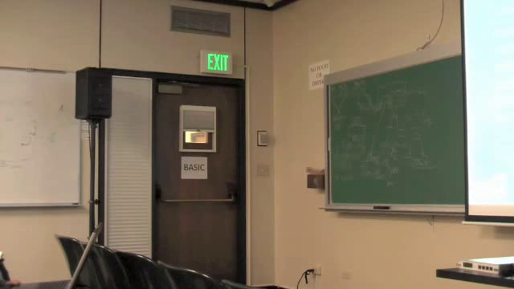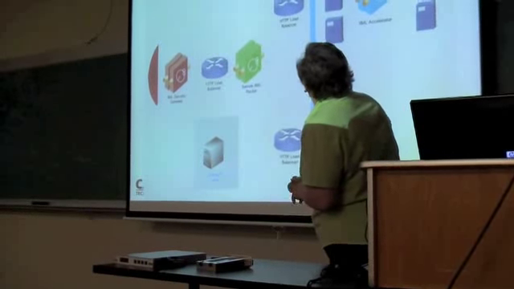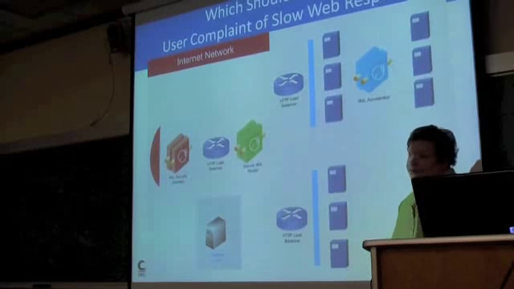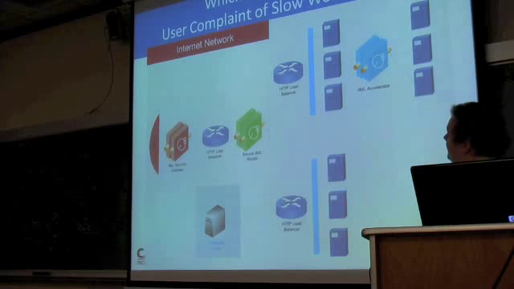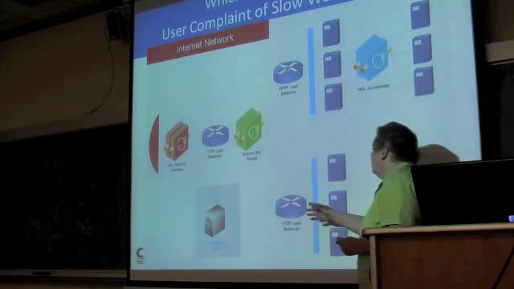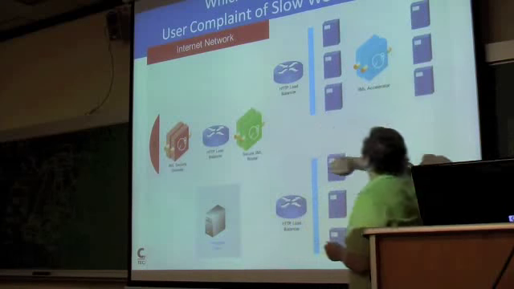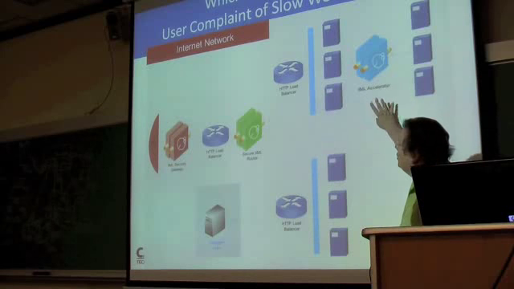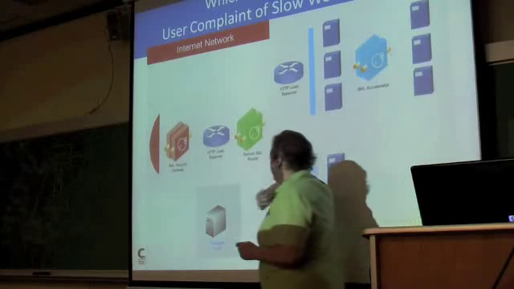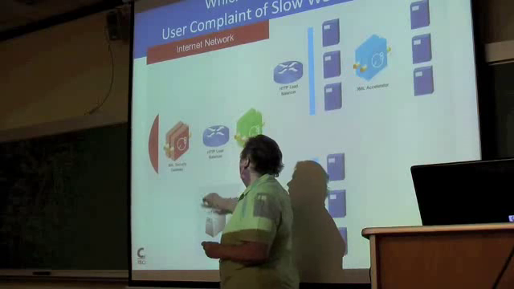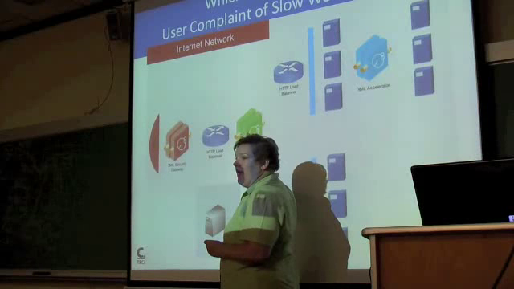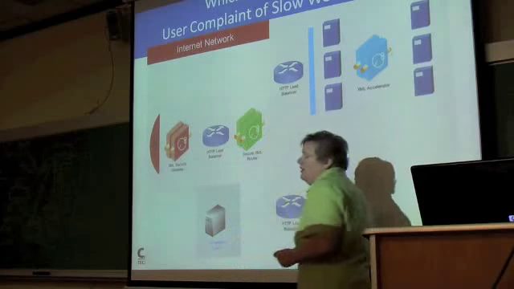Okay. Now, let's try a different scenario. Users are complaining of slow web response. This one's a little bit more complicated. I've got load balancers, I've got accelerators, I've got a corporate LAN on down here, and I have different routers involved.